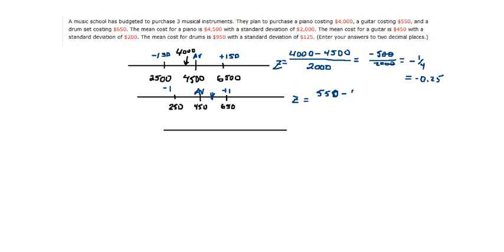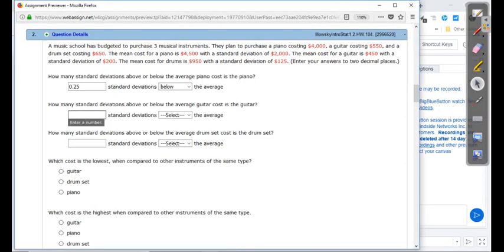We take 550 minus 450 and divide that by a standard deviation of $200. 550 minus 450 is positive 100, over 200, and sure enough, that's equal to the fraction 1/2, or 0.5. So it's a positive number, which is our number of standard deviations to the right. So 0.5 standard deviations above the average.